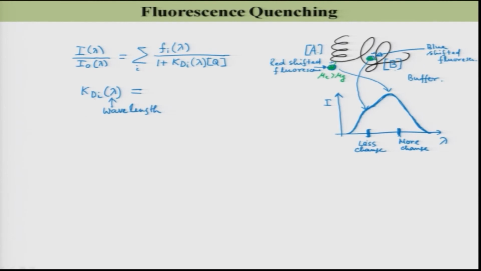So, for a particular site, whether it is Kd A or Kd B, does it depend on the wavelength? Obviously no. So, I should write this only as Kd i. It does not depend on the wavelength, because it is a Stern-Volmer quenching constant. It is the interaction between the fluorophore and the quencher. So, where that molecule will emit does not matter for it.